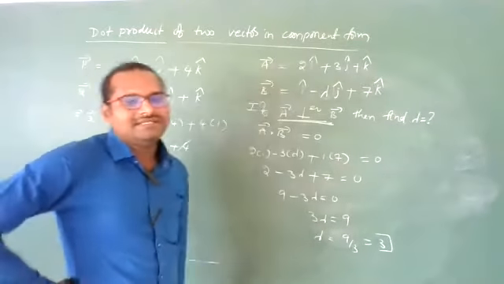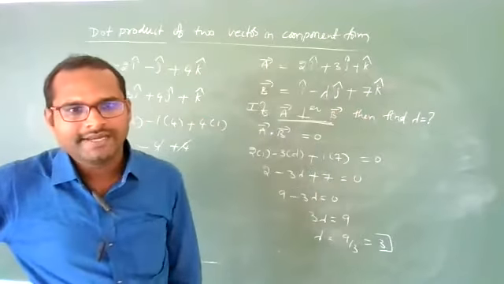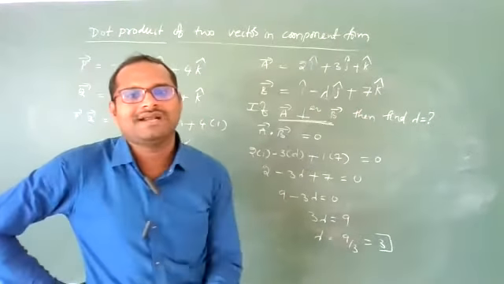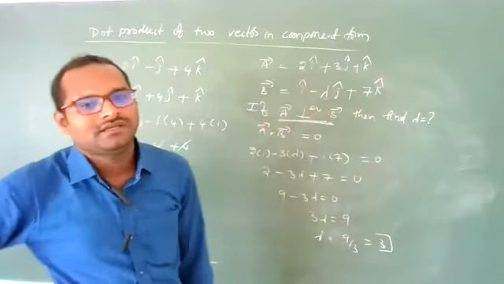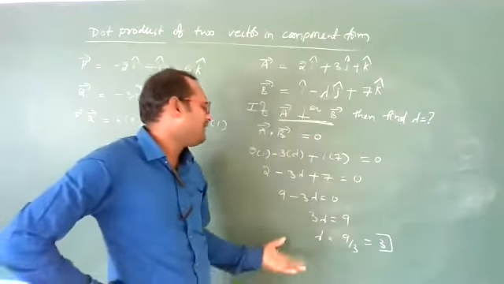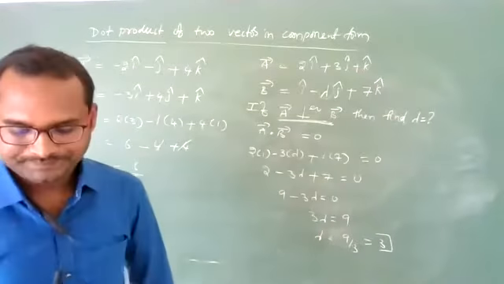They'll give two vectors, in which one of them will have an unknown value, and they will give the condition that they are perpendicular vectors. Then what will be the lambda value? You can find it like this. Got it? Any doubt in this?